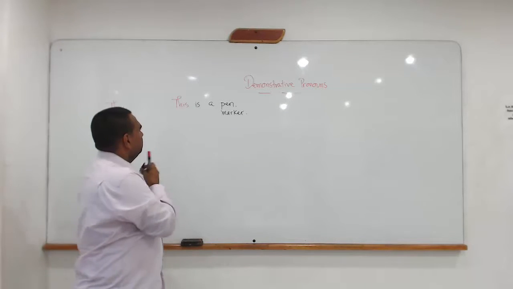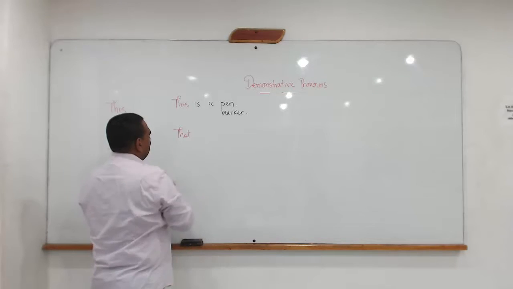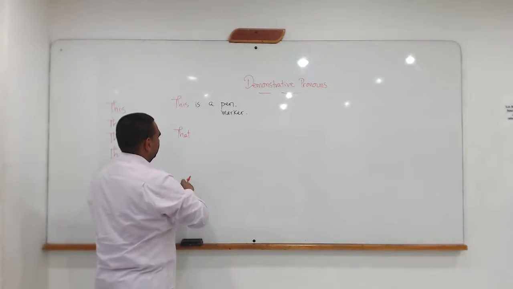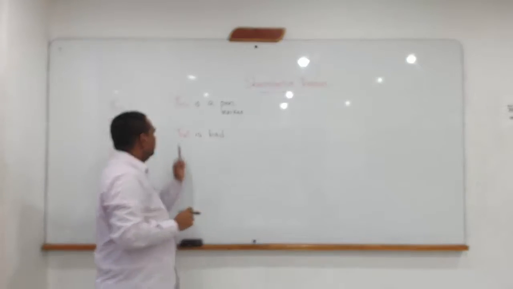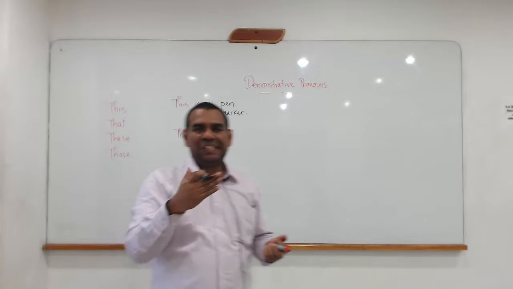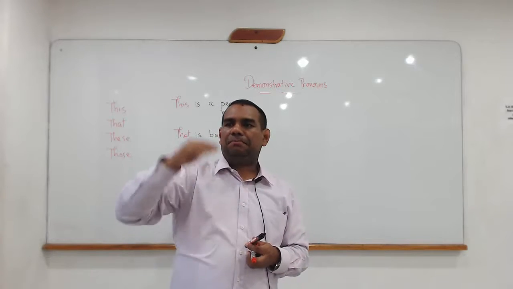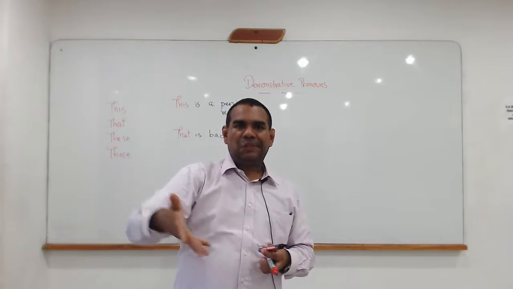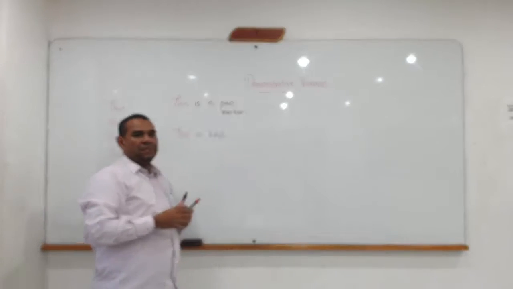Okay, that. Let's continue with that. That is bad. What is that? Of course, a situation we already have the knowledge on. That problem, that crisis, that difficulty, etc. So that is bad.